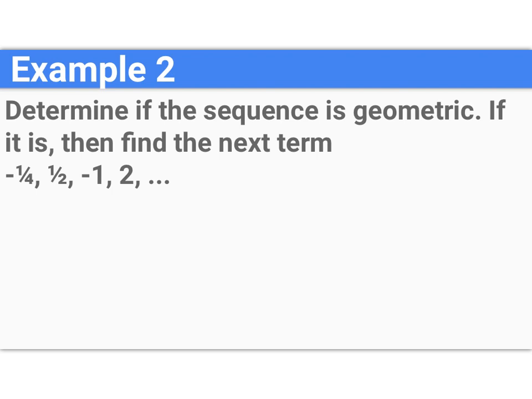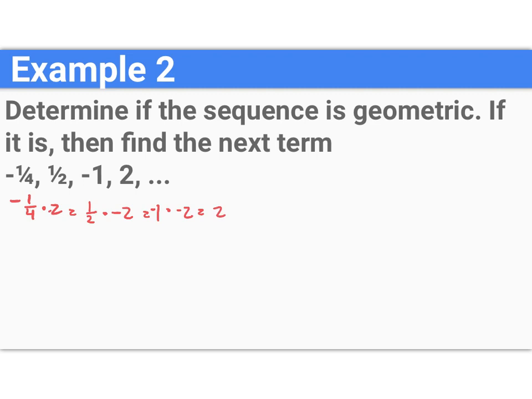Determine if the sequence is geometric, then find the next term. So let's see. Negative 1/4 times negative 2 would give us 1/2. Times negative 2 would give us 1. Negative 1 times negative 2 would give us 2.